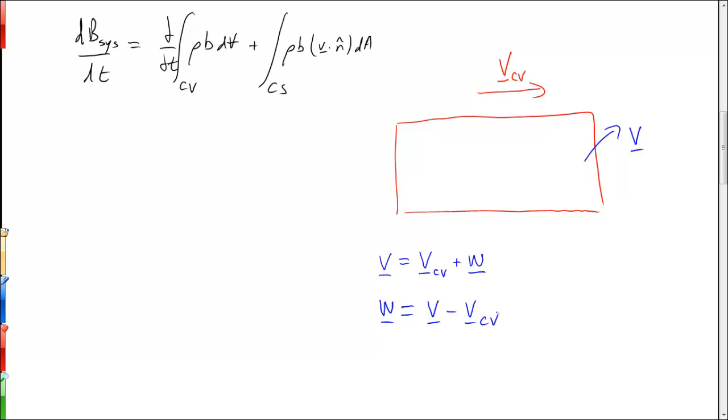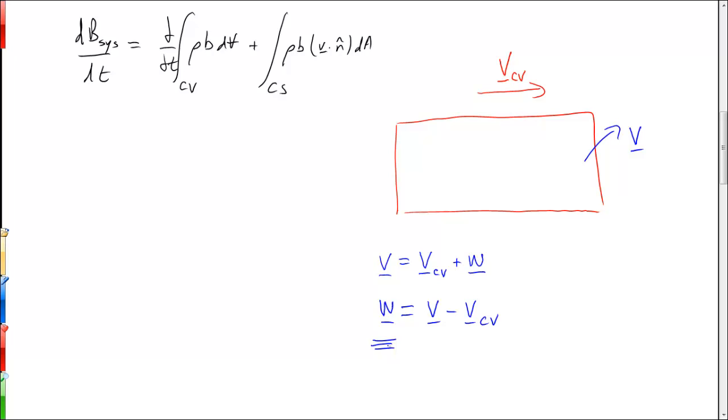Now here's the nice part. The nice part is that when you reconstitute the Reynolds transport theorem for a moving control volume, it turns out that only the relative flow with respect to the control volume or the control surface matters. I'm not going to go into all the details and work through the whole derivation once again.